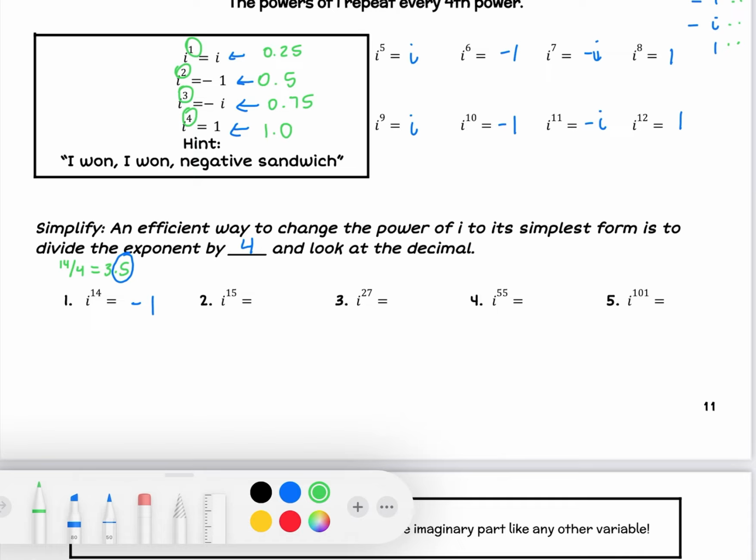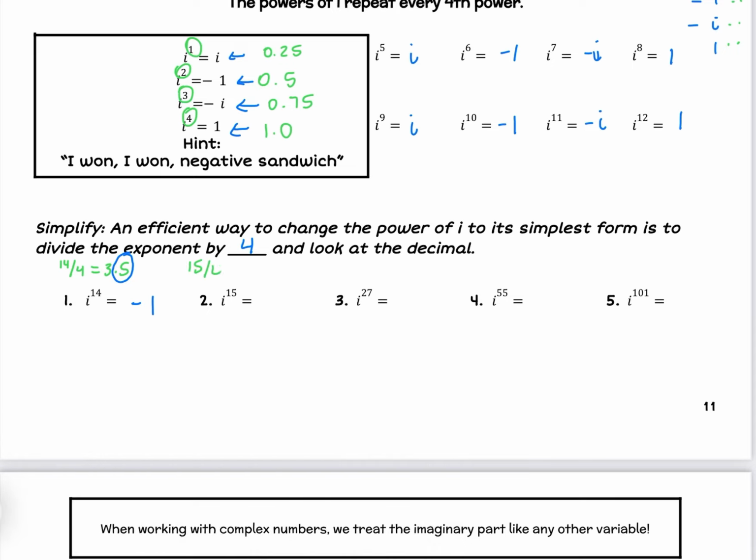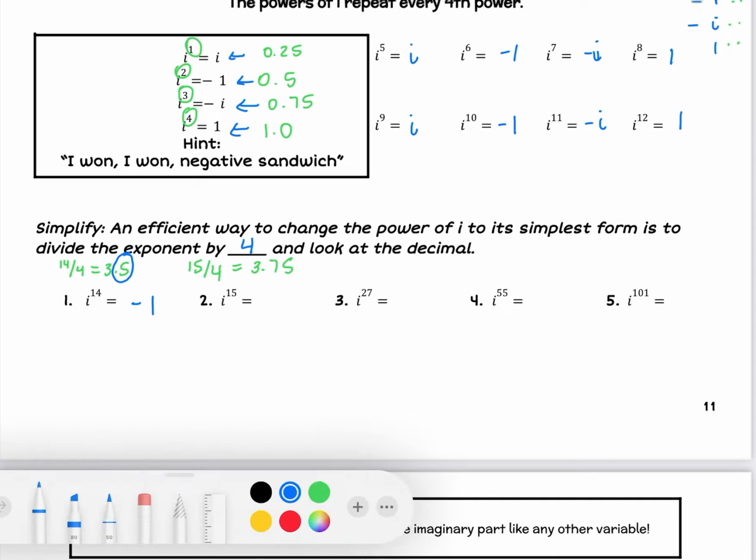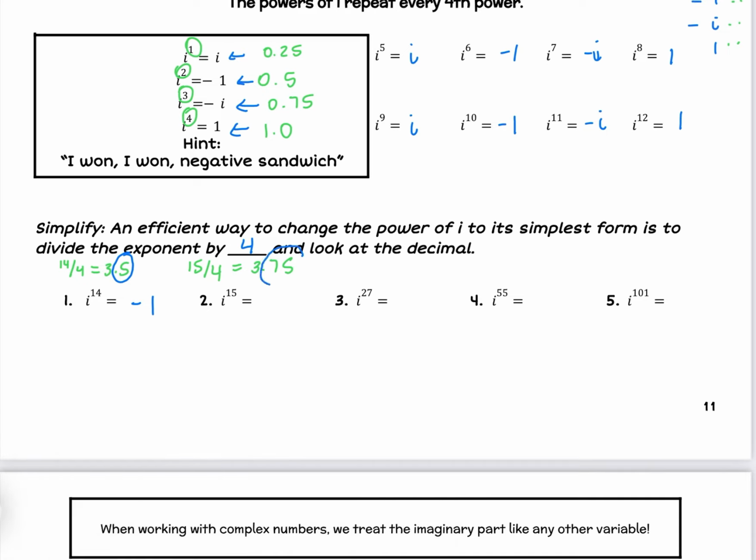All right, going back to the same steps as before. Now we have 15. Let's do 15 divided by 4. 15 divided by 4 is going to be 3.75. And remember, we're only worried about that decimal. So we have 0.75.